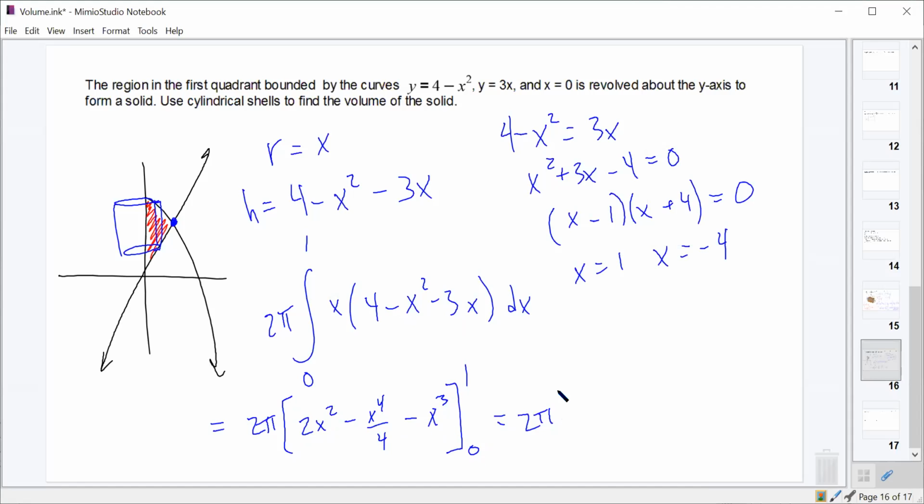So we've just got 2 pi times 2 minus a 4th minus 1, minus 0. What does that give us? That's 3/4 times 2 pi, so that ought to be 3 pi over 2. Good or no?